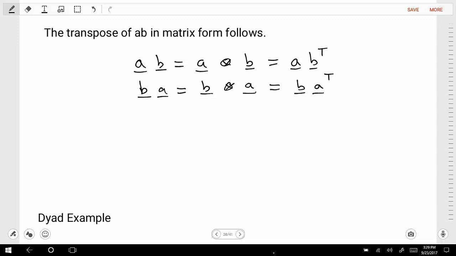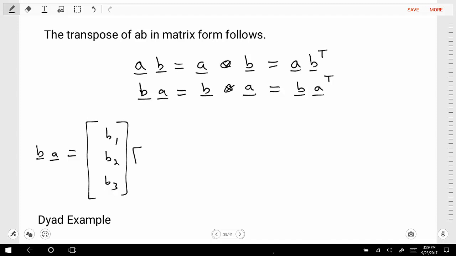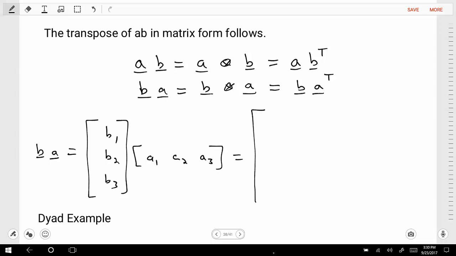So let's try this B A dyad in matrix form. B1, B2, B3, we've got 1 column, 3 rows. B1 is a row, B2 is a row, B3 is a row, and then we switch our A, so A1, A2, and A3, and we end up with our nice little tensor here.